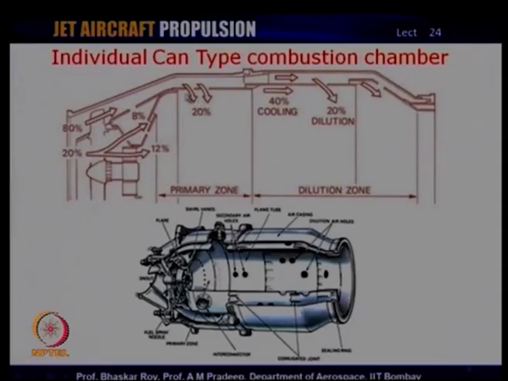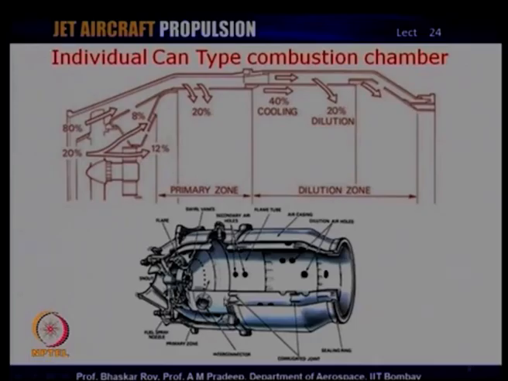So, subsequently, with this excess air which is brought into the combustion can, the inner can, so to say. So, you can say you have an inner can and you have an outer can, and the bypass carries nearly 80% of the air in the outer can, and then it comes inside and cools the air to something like 1000 to 1100 degrees centigrade and delivers it to the turbine. So, this is how it is done.